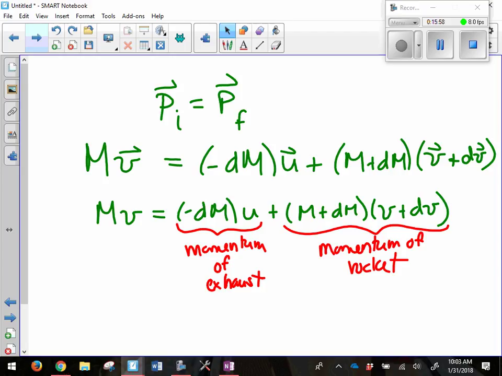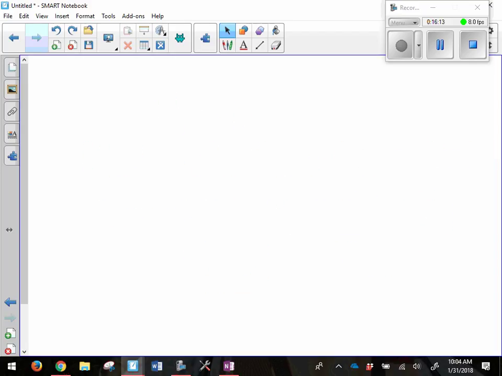And now we're going to throw in a change of reference frame. I actually put a little smiley face in my notes. Change your reference frame.